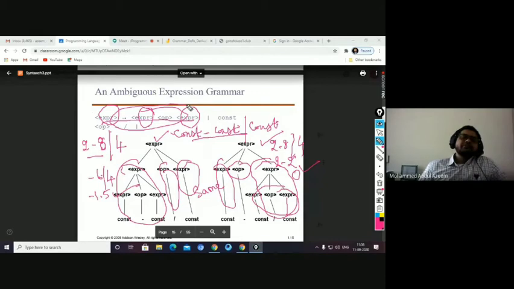This kind of grammar is said to be an ambiguous grammar, because I am able to generate 2 or more sentential forms or parse trees, that is, derivations of a particular statement. So if I have multiple parse trees, which one will be taken by the compiler to evaluate my statement?